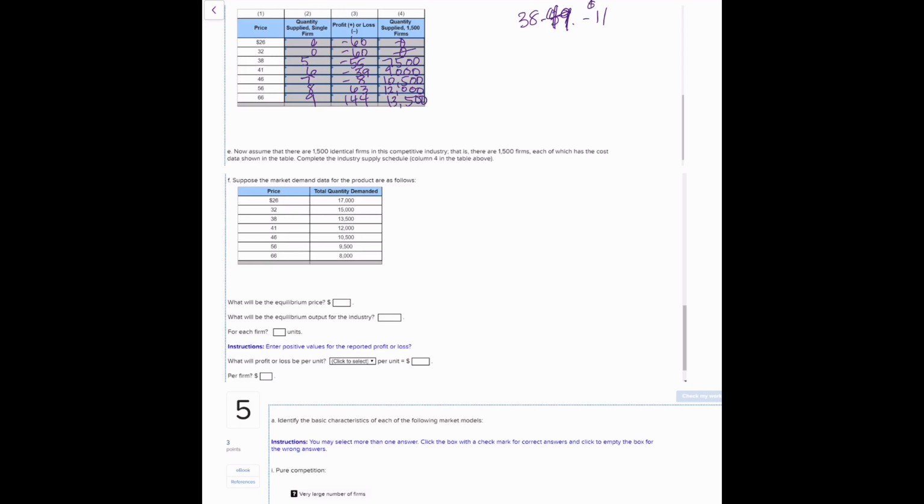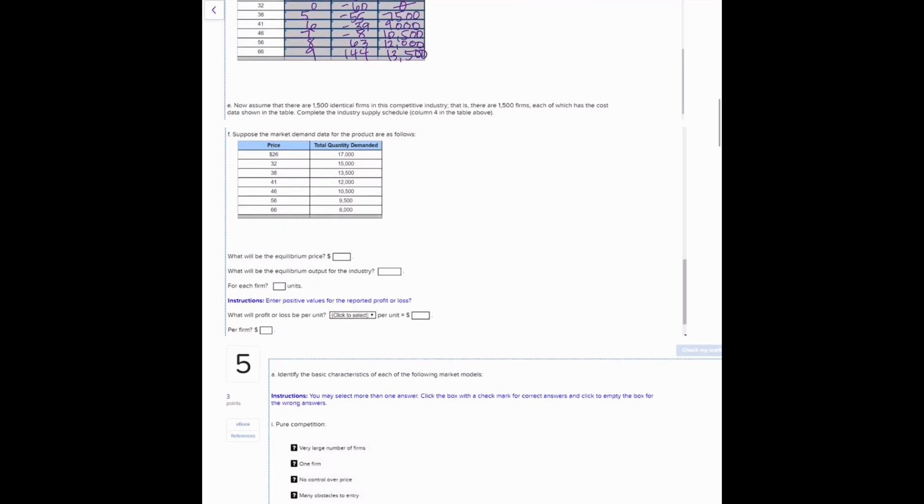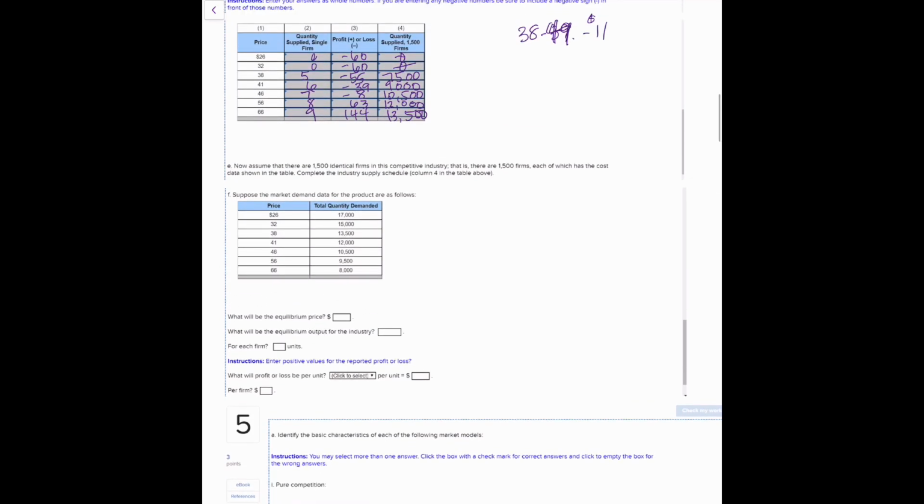Now, it doesn't ask you to do it for points, but it's not a bad idea to just see that you've got your price and your quantity supplied, so you can just pull that information. Price and quantity supplied, this is to the market. I'm just going to do a real rough job here. Let's start with what's going to be produced.